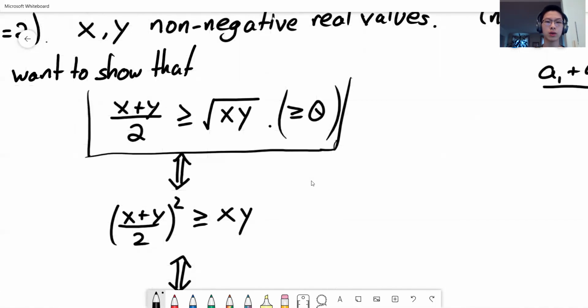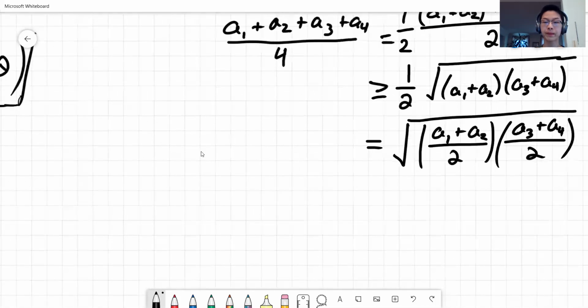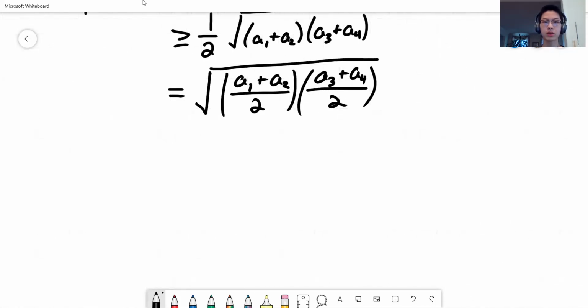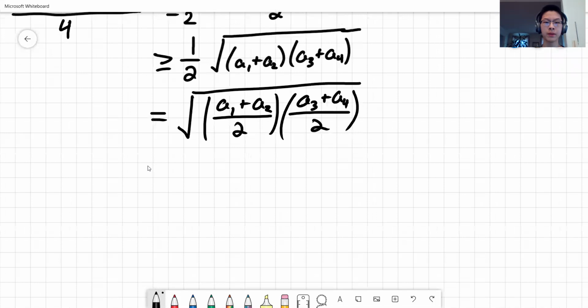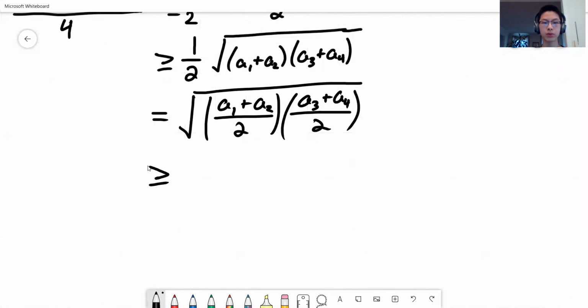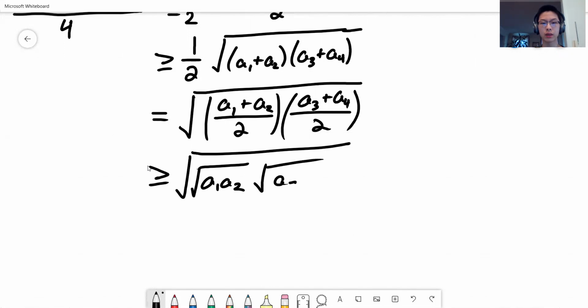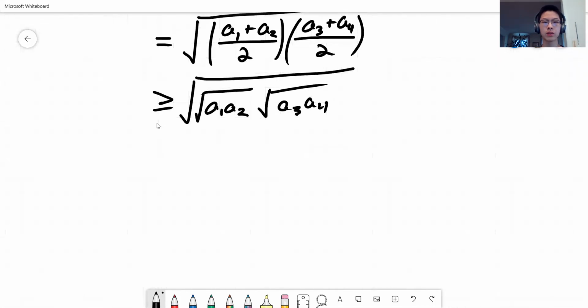we can use the inequality yet again. So we get that this thing is going to be greater than or equal to the square root of the square root of a1, a2 times the square root of a3, a4, right? So it's the square root of square roots. And then we can do some combining of the square roots in the standard way.